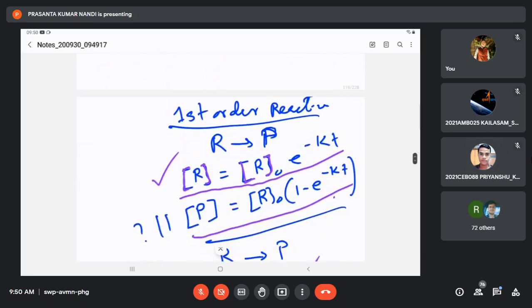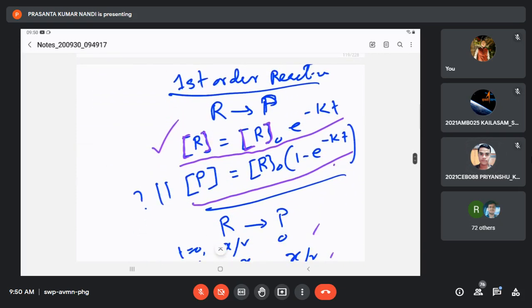Now for a first order reaction, reactant to product, we generally find the integrated rate equation in the form that is in terms of reactant versus time. That is popular. Most textbooks write R equal to R0 e to the power minus kt. But can we write this equation in terms of product versus time?